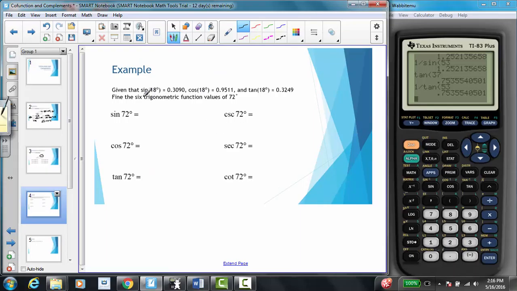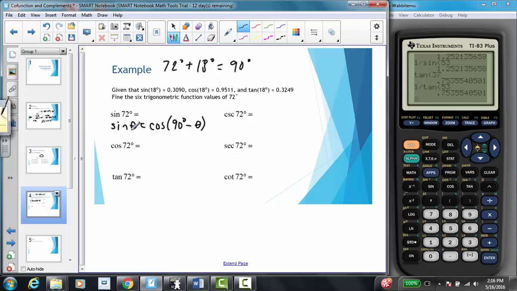So we're given the sine of 18 degrees, but we need the sine of 72 degrees. Well, if I look, 72 degrees plus 18 degrees gives me 90 degrees. So here I can use that identity, sine of theta equals cosine of 90 degrees minus that theta.